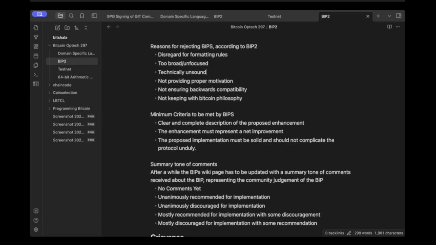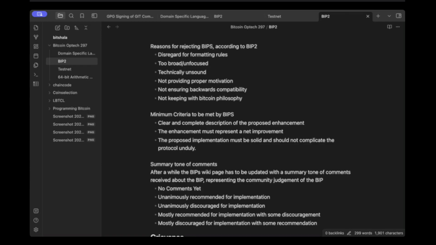If your BIP does not provide proper motivation, it can be rejected. And if you do not ensure backwards compatibility, then it will definitely be rejected. And if you don't keep up with the Bitcoin philosophy, that's kind of a gray area. What is the Bitcoin philosophy? There's no definition of it. It's like a feel kind of thing. So if you don't adhere to Bitcoin philosophy, then your BIP might be rejected. So these are all the reasons for rejecting a BIP.